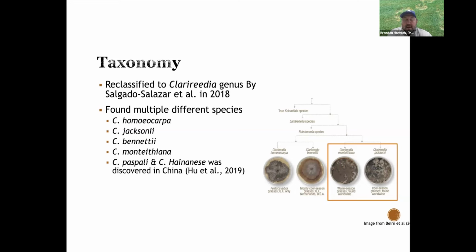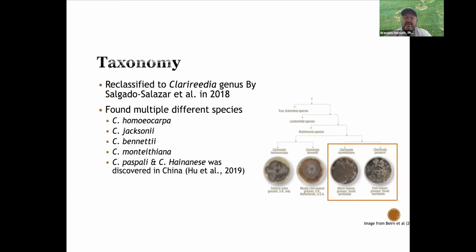And since then there's also been some work done to identify two other species, Clariredia paspali and Clariredia hainanins, that have been discovered in China. So basically, you've got kind of 6 species. All of those species are in the genus Clariredia.